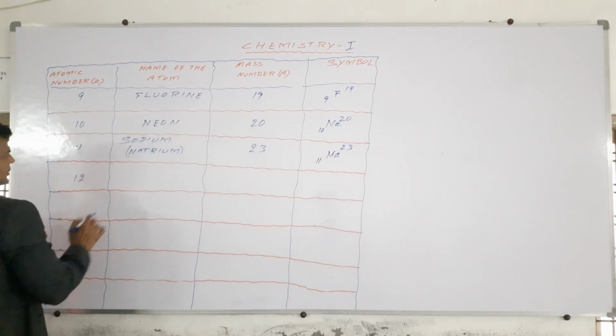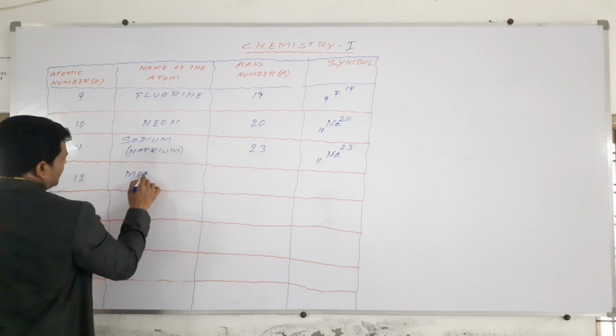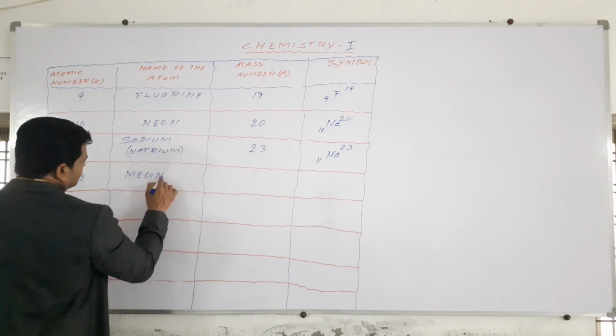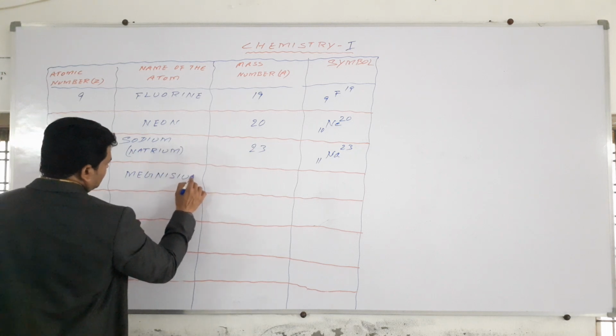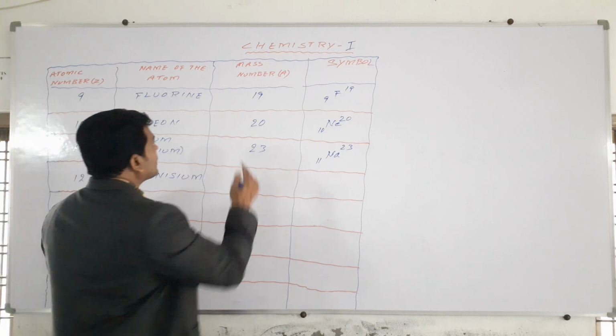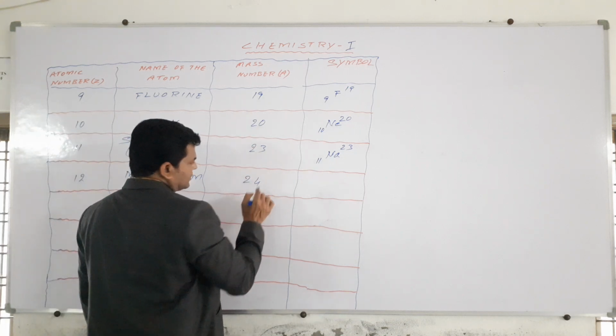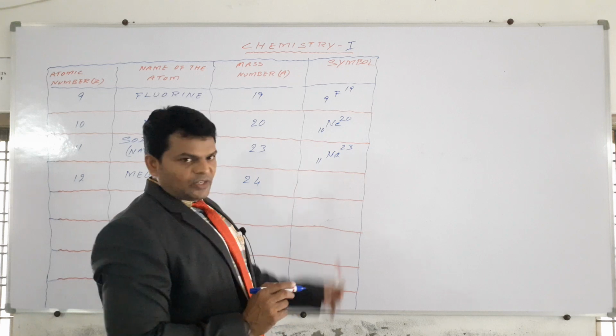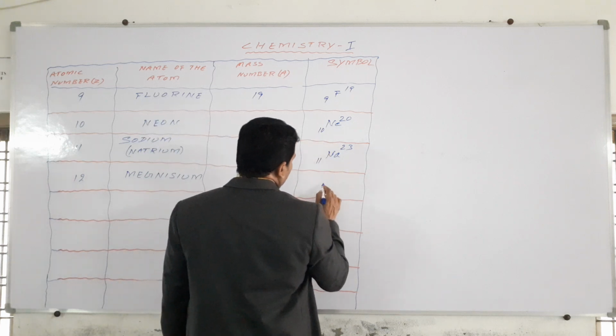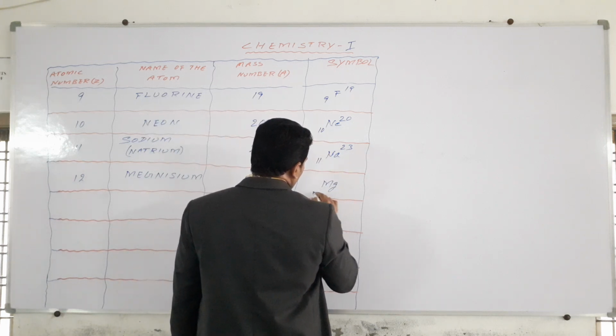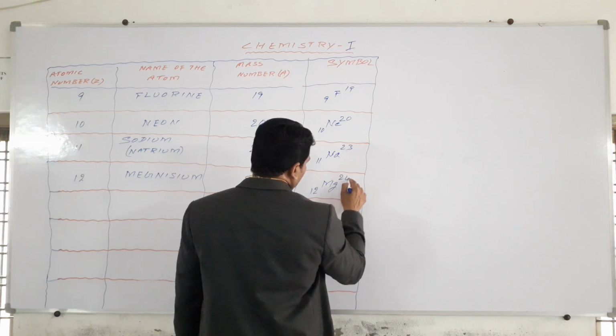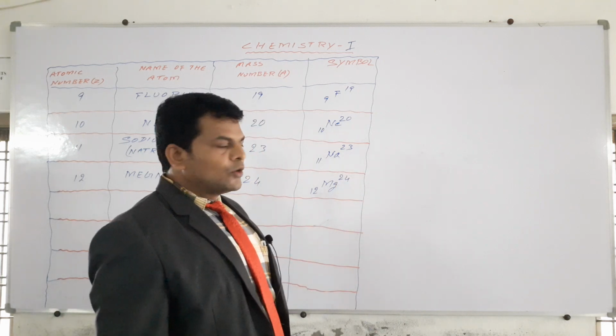Then 12, magnesium. Mass number is 24. Its symbol is magnesium 12, 24.